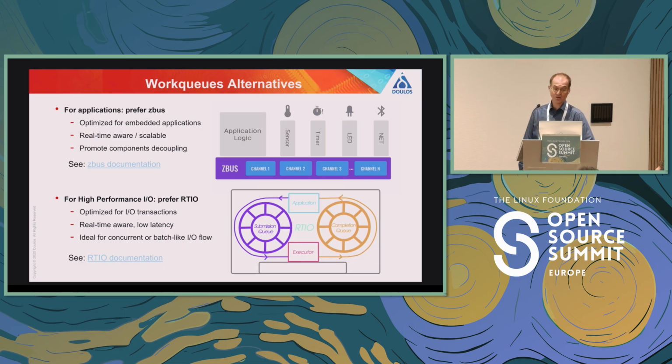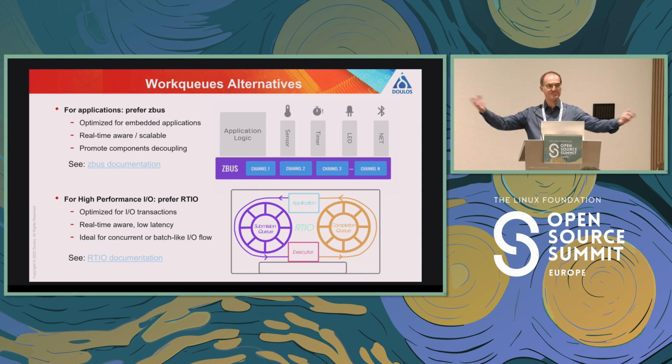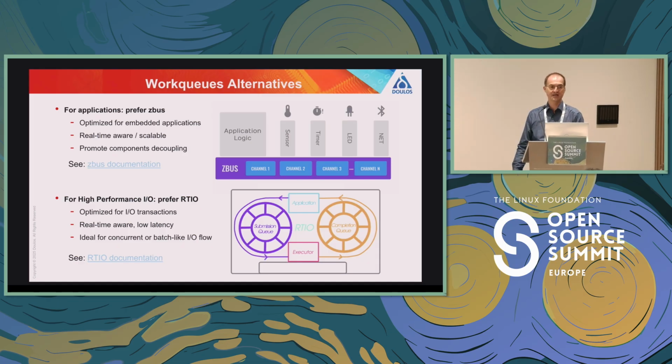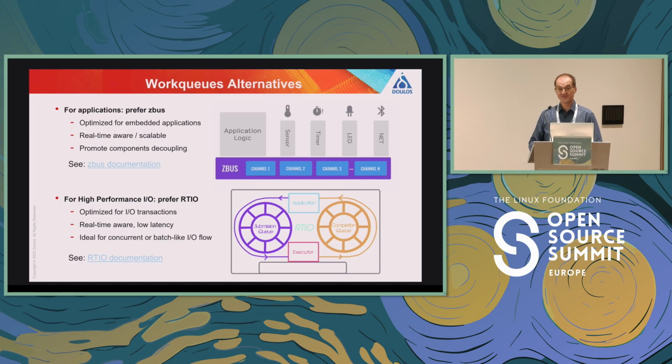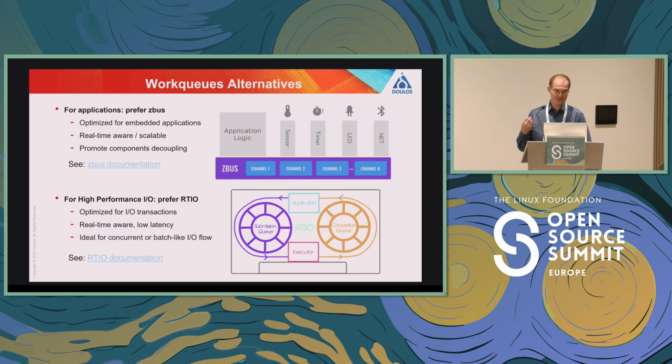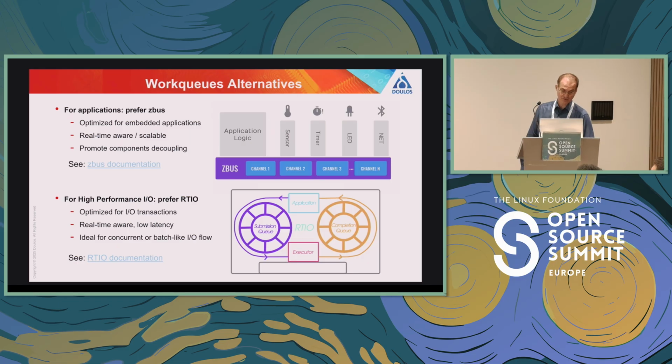And if you want to do high-performance I/O, you want to stream, you have multiple sensors, you want to get the streaming and do fusion, well, workqueue won't bring you very far. It's super difficult to get that very efficient. There is another framework called RTIO that you can use for optimized I/O transactions, real-time aware, low latency, and for concurrent or batch-like I/O flow.